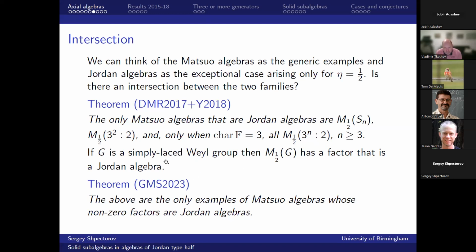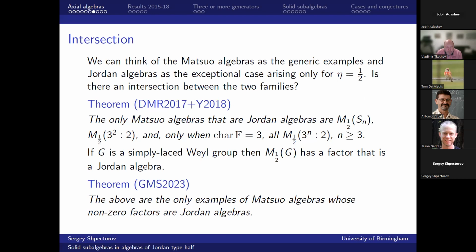Well, I should probably mention that S_n is of course the Weyl group for the type A_n. So if you take any other simply laced Weyl group, then that group is going to be a group of 3-transpositions, so there is a Matsuo algebra for it. For the other simply laced groups, the Matsuo algebra is not itself a Jordan algebra, but its quotient is.